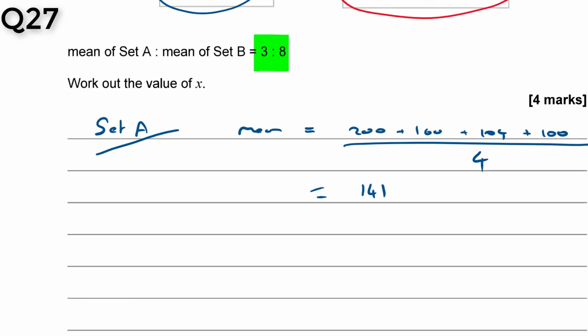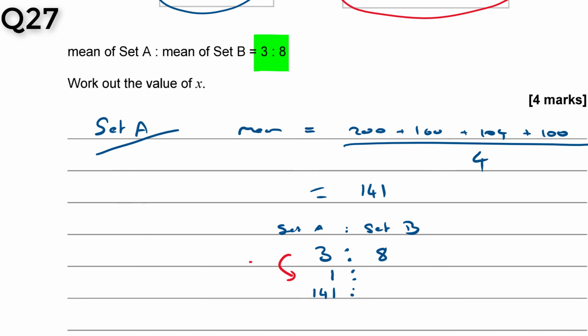Now we know that set A to set B is in the ratio of 3 to 8. Now we've already worked out the mean of set A is 141. What we want to know is the mean of set B. Okay, so we're going to use what's called the unitary method, which is going via 1. Okay, so it's quite simple. We've got 3 things here.